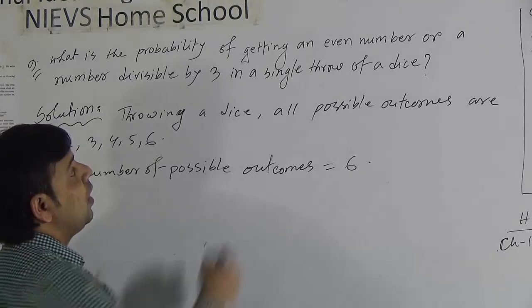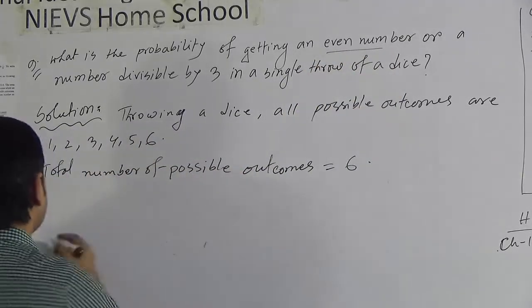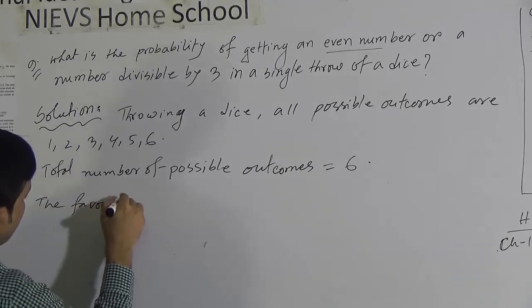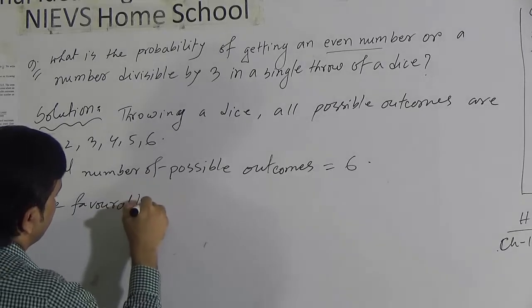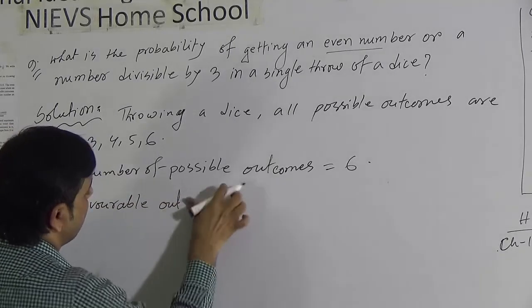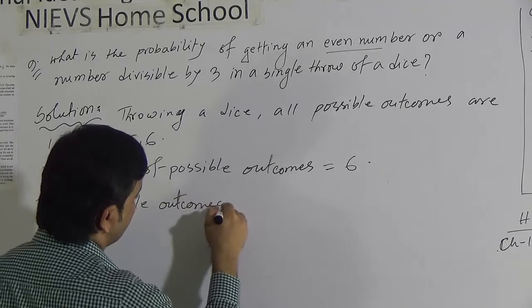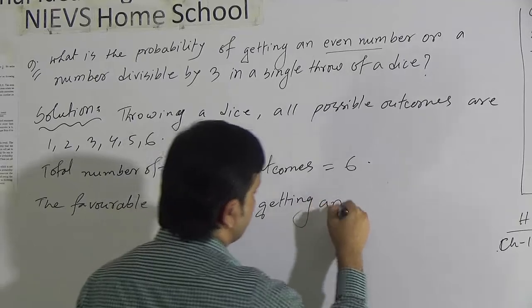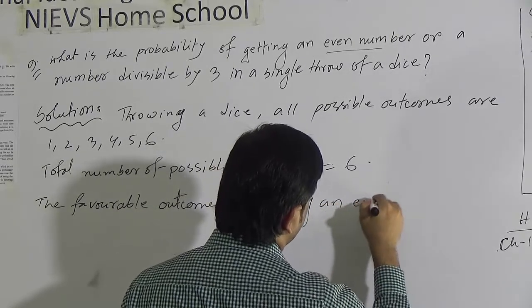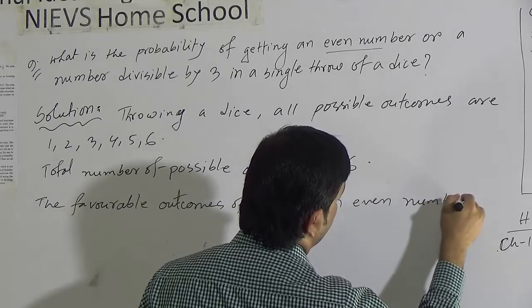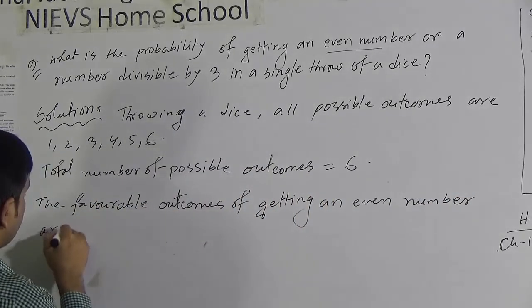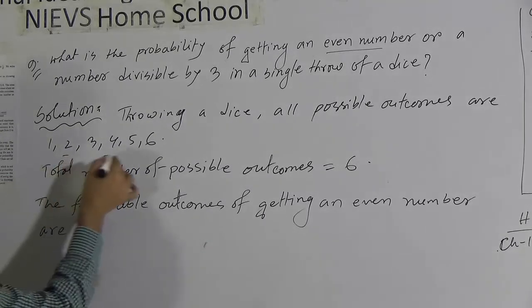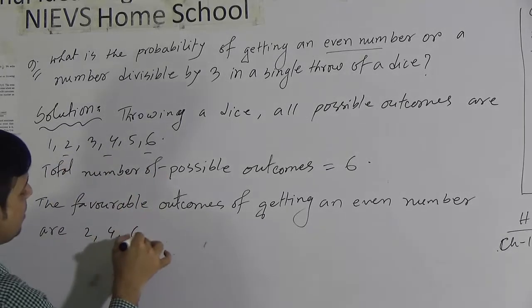This is the total number of possible outcomes, and now the favorable outcomes of getting an even number are, if we throw a dice, we will get even numbers 2, 4 or 6.